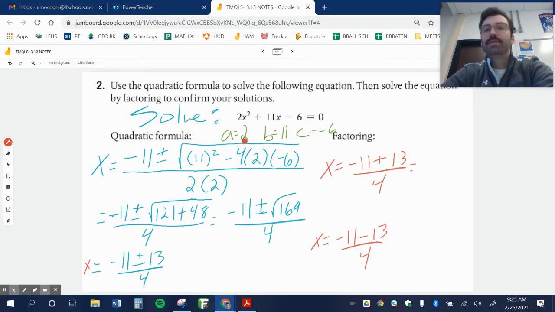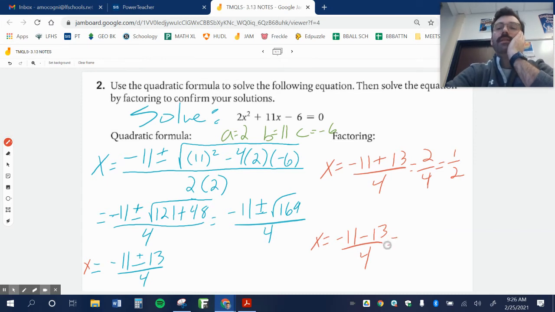Well, let's do the plus first. Negative 11 plus 13 is 2. So I have 2 over 4, which is 1/2. Negative 11 minus 13 is negative 24 over 4, which is negative 6. So there are my two answers.